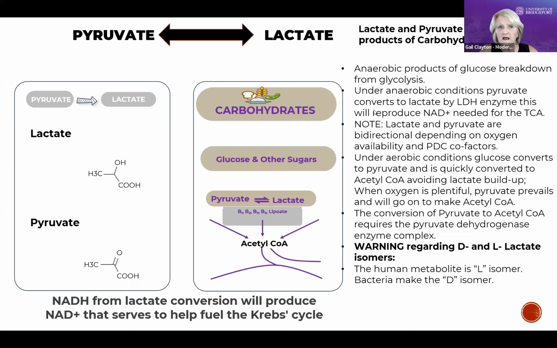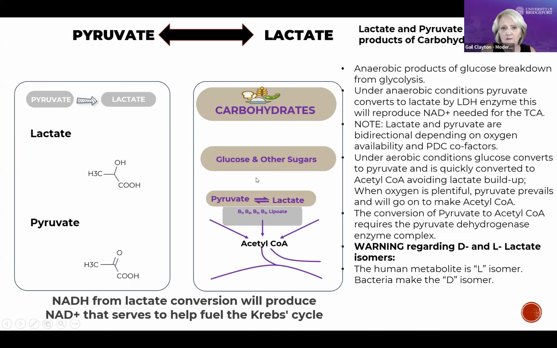So I added this slide here. This is from my course that I teach in organic acids, that lactate and pyruvate are the principal products of carbohydrate metabolism, okay? And they can go back and forth, back and forth. And so here you have somebody eating carbohydrates, and then also we have glucose and other sugars.